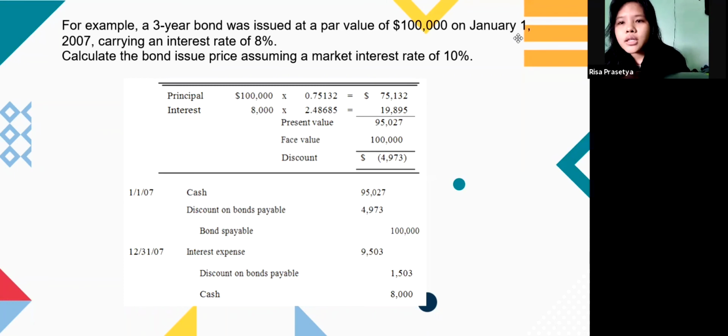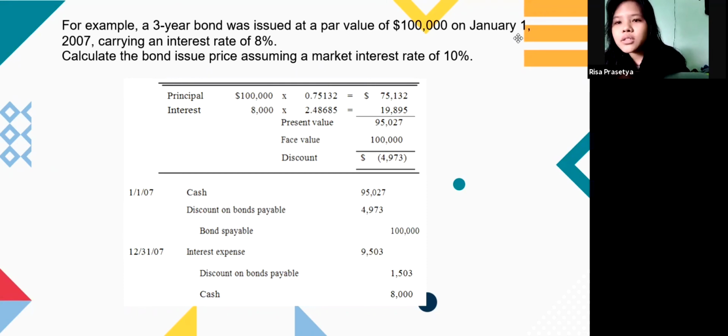And the total of interest is 19,894.8, giving a present value of 95,027 against a face value of $100,000.